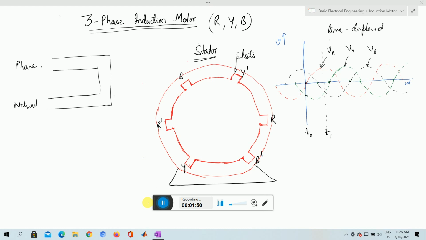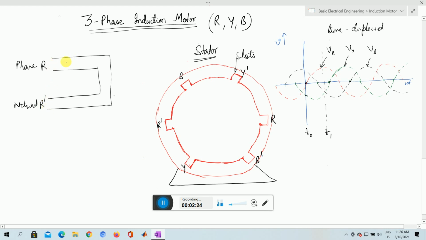Only 6 slots have been drawn because we assume the conductors are concentrated in one slot. If I talk about R phase, the starting of R phase is here, called R, and its other side is called R dash.